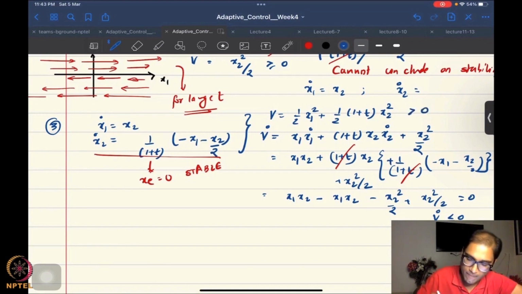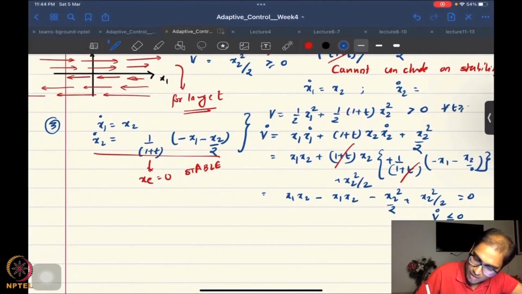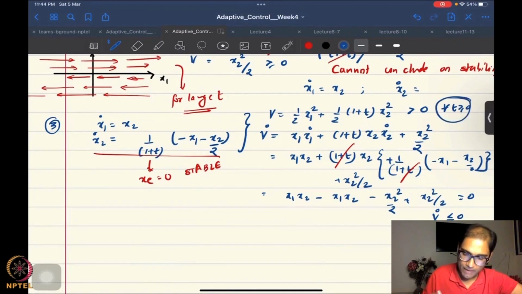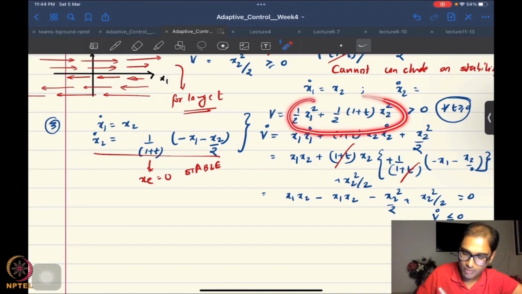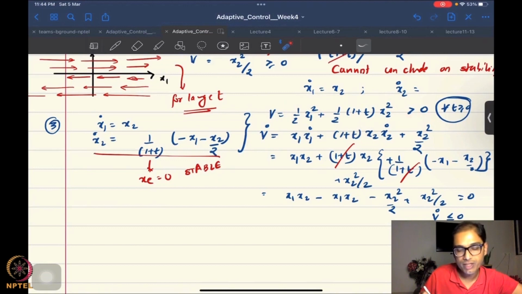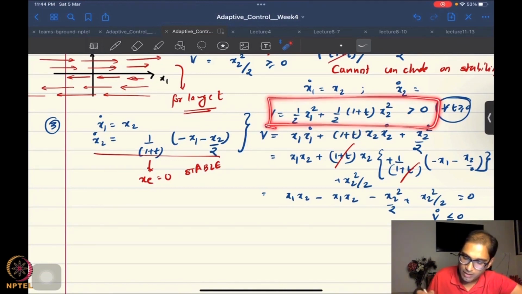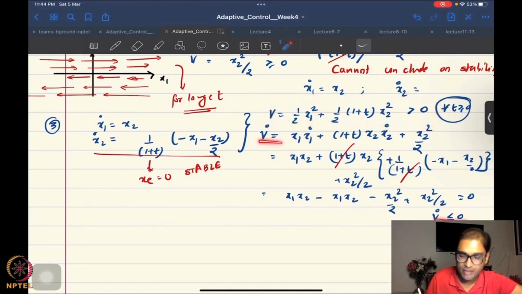Because for all t greater than or equal to 0, if I plug in any non-zero state, at least x1 or x2 is non-zero. Therefore, V is always positive. This is a positive definite function. So V was positive definite, it is C1 continuous, and V dot is negative semi-definite. So I've satisfied all the requirements for stability.